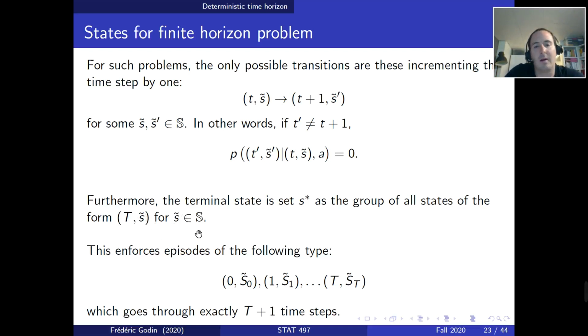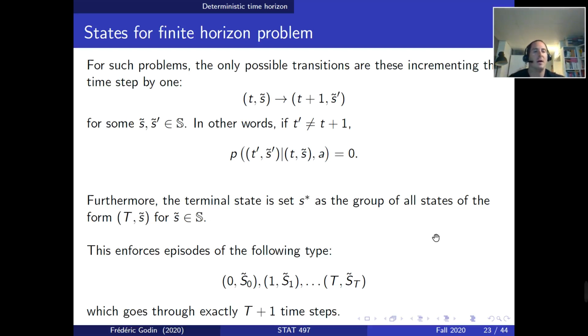So when the first component of the state becomes capital T, so let's say capital T in the previous example was 10 years, then you reach the terminal state. So this forces you to stop the experiment at that point, and then capital T indeed becomes the arrival time, because this is the time at which you arrive in state S prime.